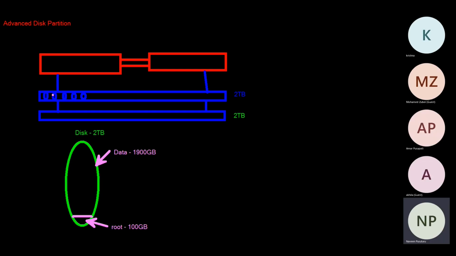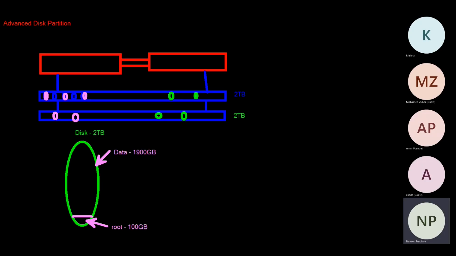Here also it will pick disks randomly, but this time it will pick a minimum of 5 disks for controller 1, and for controller 2 also it will pick a minimum of 5 disks.